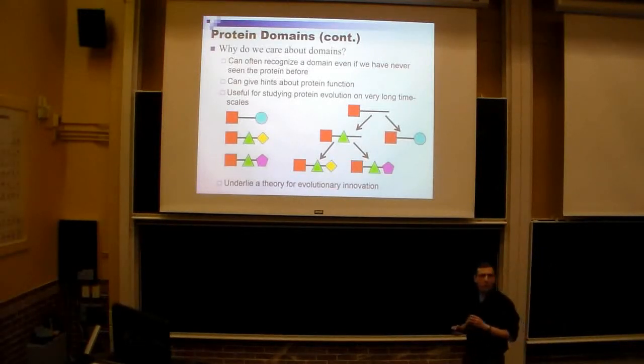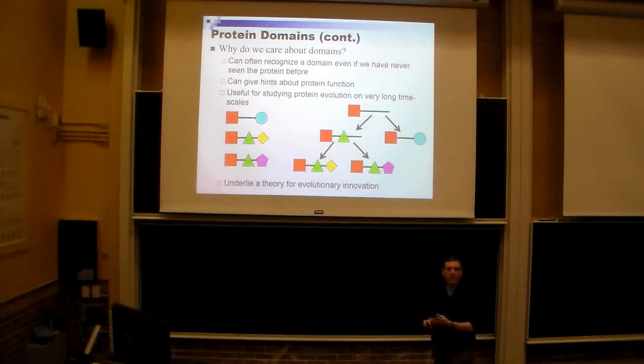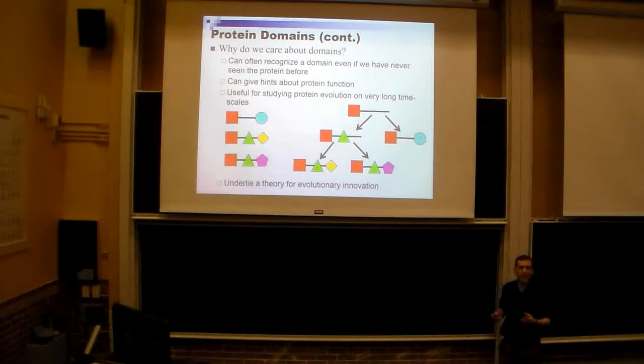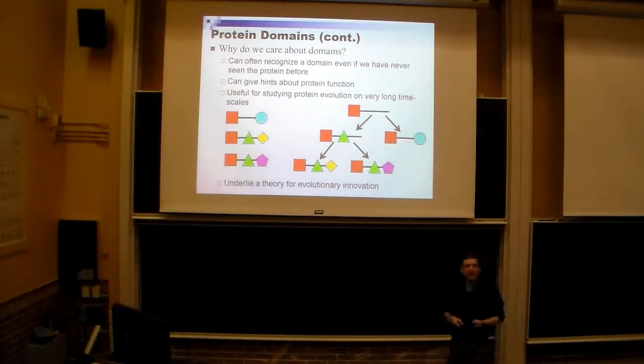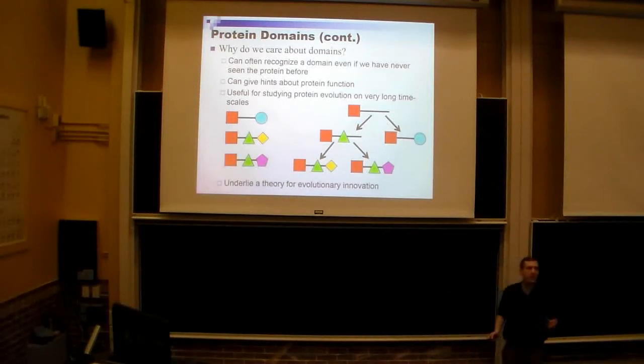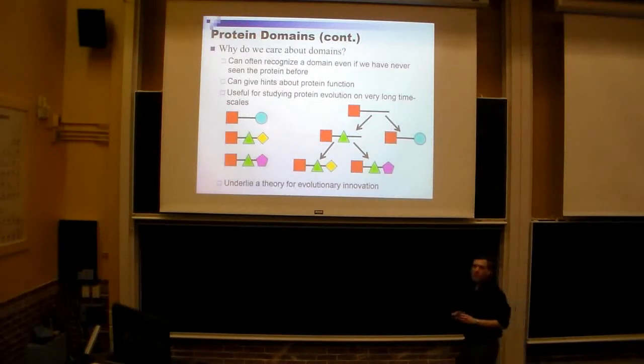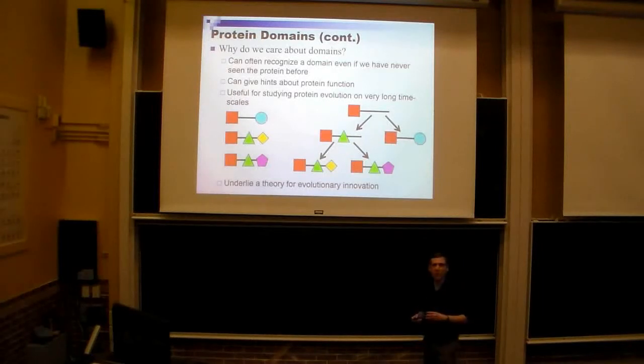So if we observe a protein that has a DNA binding domain and a hormone binding domain, we might hypothesize that maybe in the past there was one kind of protein that had a DNA binding domain and another protein that had a hormone binding domain, and some kind of genomic rearrangement happened to put these together into a single protein and then maybe create a new kind of functional protein.